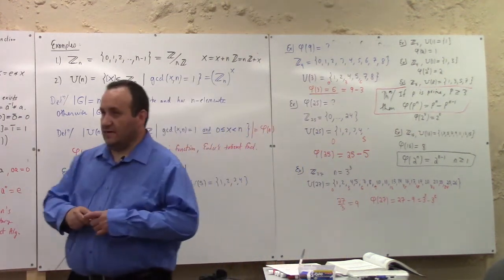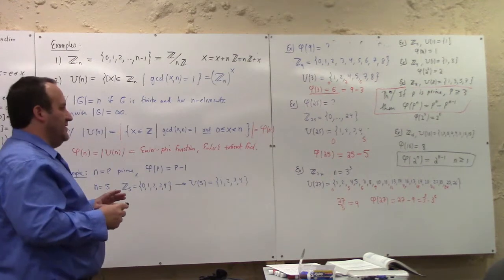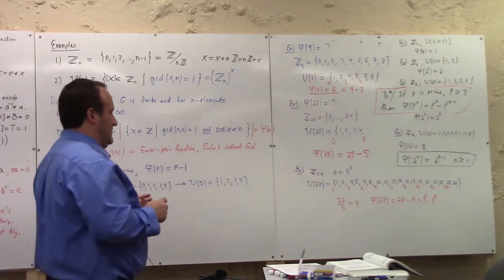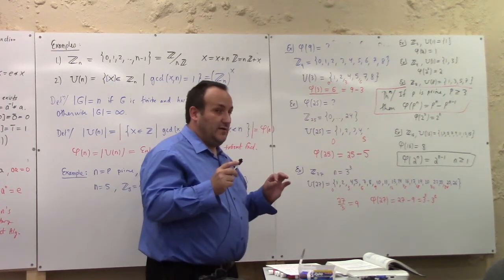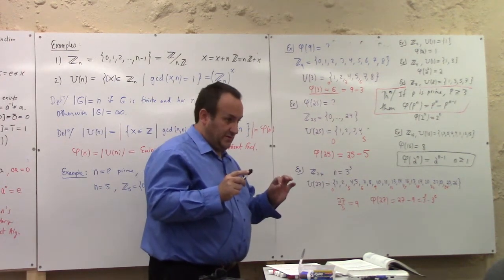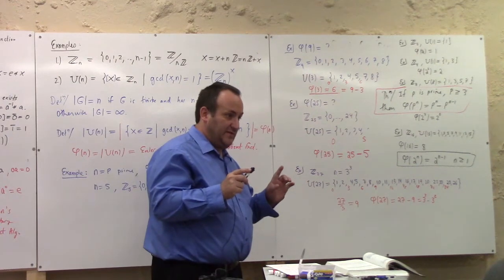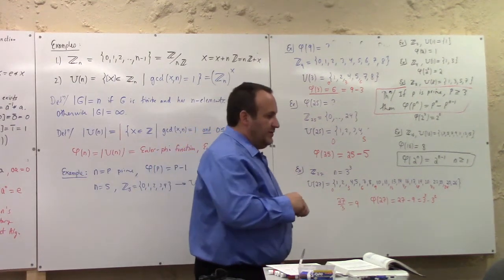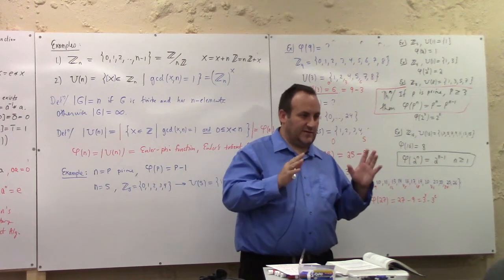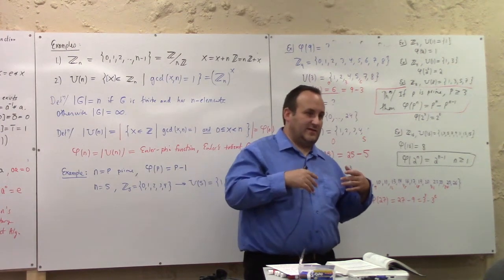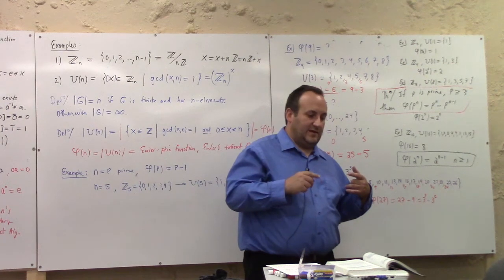So counting the number of units is easy, right? I should say it's easier than understanding what the actual structure is of the group of units. That's a different question. As we're looking at a group, we can ask the question, how big is the group, right? That's a somewhat easy question. You just count the number of things. But then on top of that, you can add additional questions like, is it commutative?